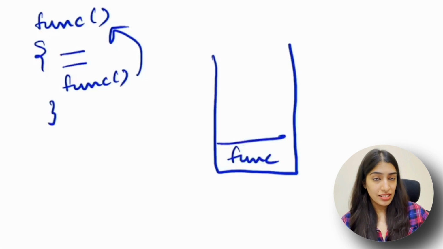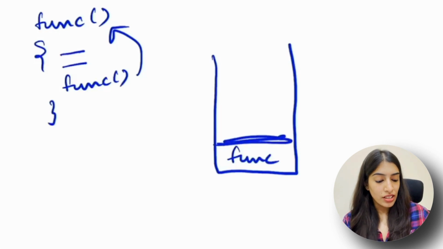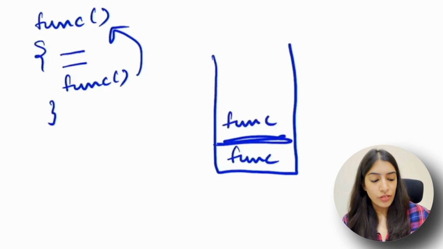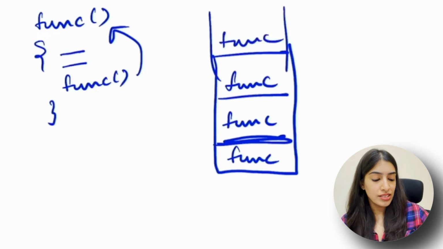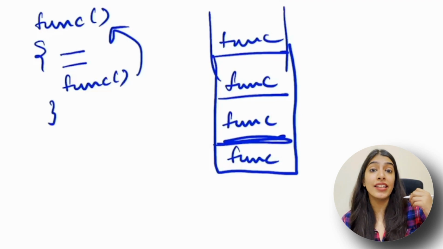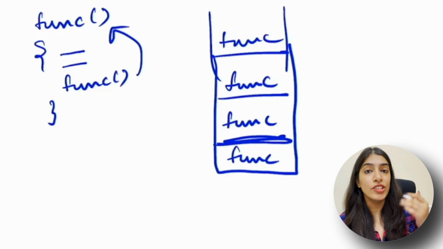Now from inside this, we are not done executing, so another memory will be created for this func. Then another memory will be created for this func. Like this, the memory will be allocated in the stack 5 times. So basically this is called our recursive stack. And this is the next most important thing for our visualization of recursion: the recursive stack.